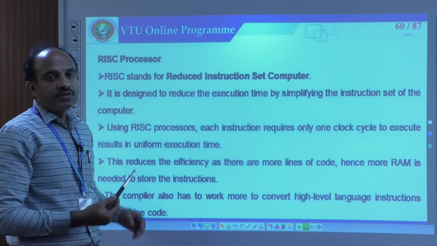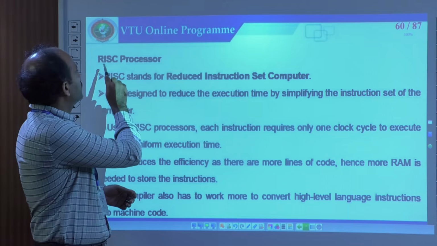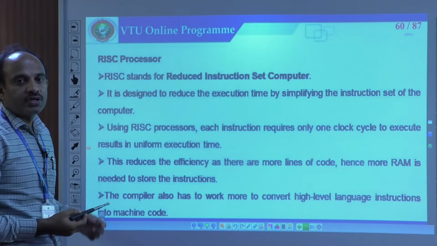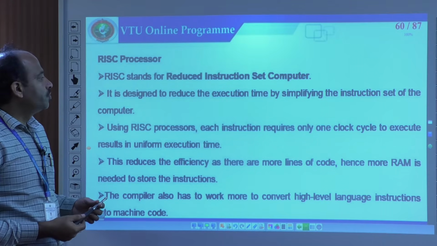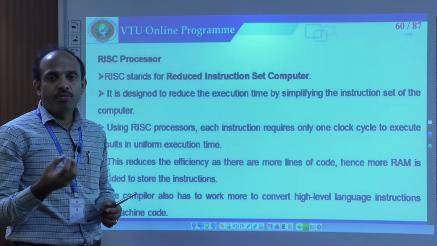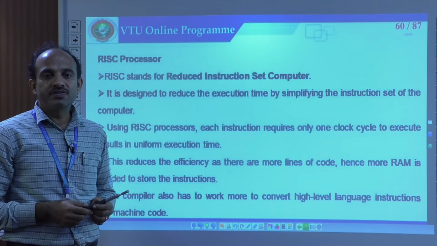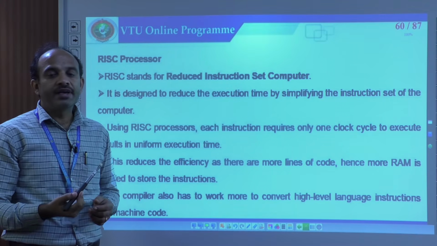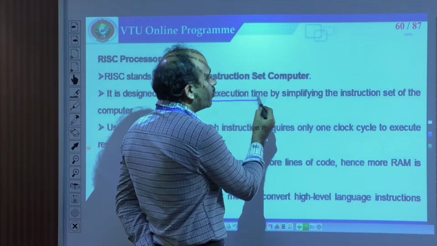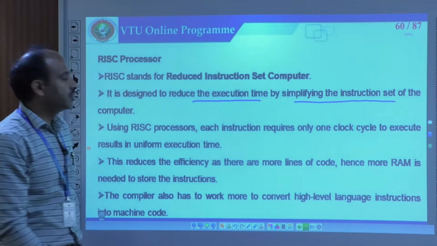Now we will try to understand the RISC processor. As the name itself says, reduced instruction set computer, it is designed to reduce the execution time. How do you reduce the execution time? By simplifying the instruction set of the computer.